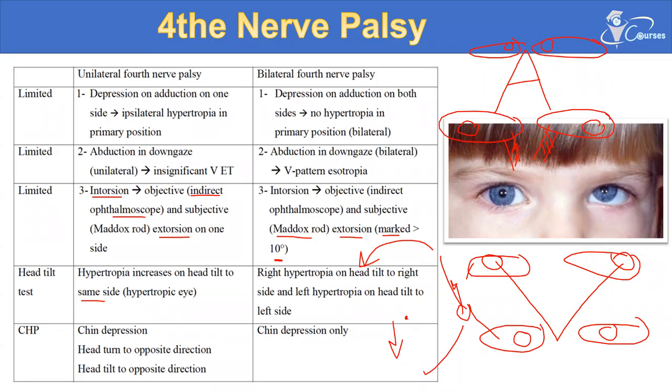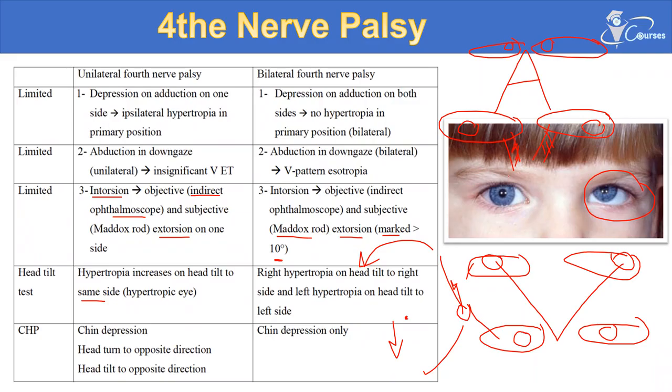Remember, it is better on opposite tilt. This means that it will be worse on the same tilt. So if the patient has a left fourth nerve palsy and you tilt the patient's head to the left, this will cause worsening of the hypertropia. If the patient has bilateral fourth nerve palsy, it will be right hypertropia on head tilt to the right and left hypertropia on head tilt to the left.